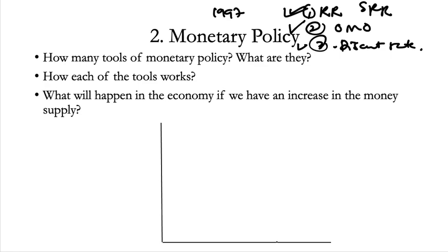Okay, but how it works basically, yeah. So required reserve ratio, you have to reduce it so that it affects your money multiplier. Money multiplier is a reciprocal of required reserve ratio. If you can recall back to the study, let's say required reserve ratio is 0.1, then you have money multiplier equivalent to 10.